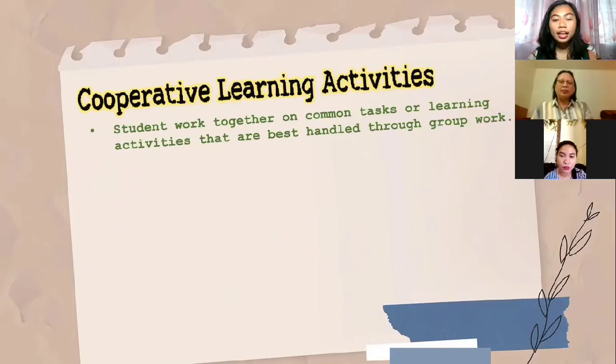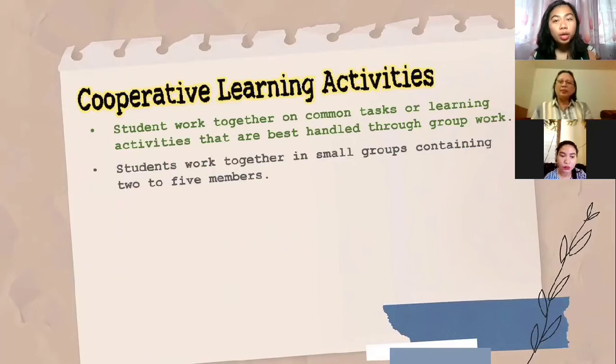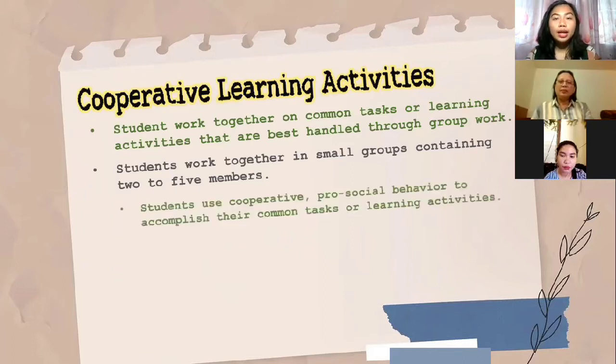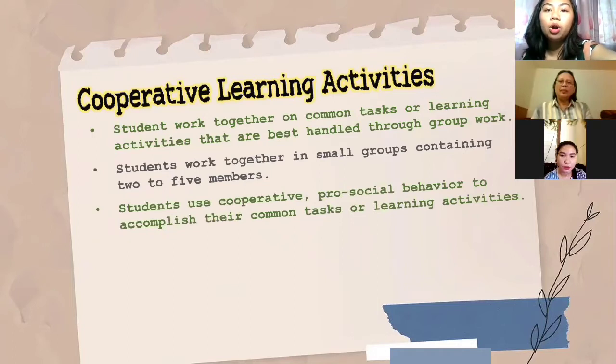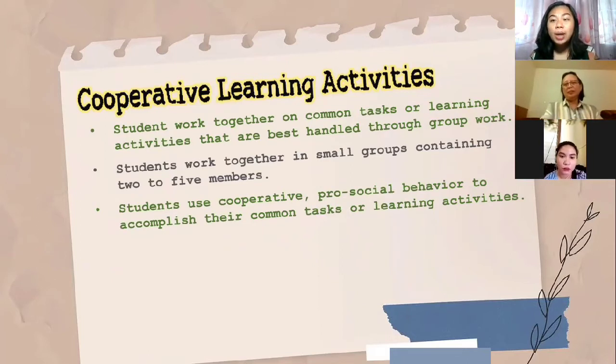Second, students work together in small groups containing 2 to 5 members. Next, students use cooperative or pro-social behavior to accomplish their common task or learning activities. So they have to be as interactive as they can to cooperate with their group.